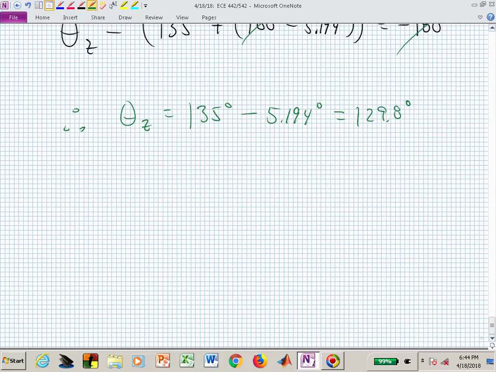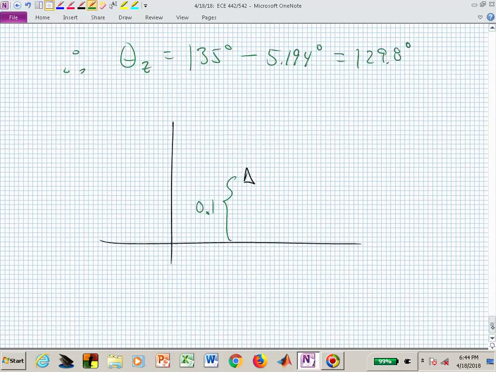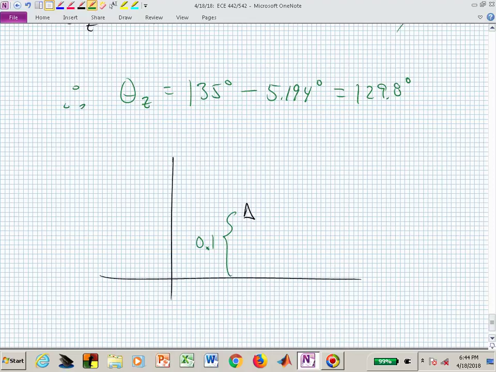Is this going to be okay? Let me try to expand this picture. Suppose this is my triangle. There's my vertical height. And where is beta? If my angle theta sub z is 130 degrees, where is beta? Is it to the left or to the right of that triangle?